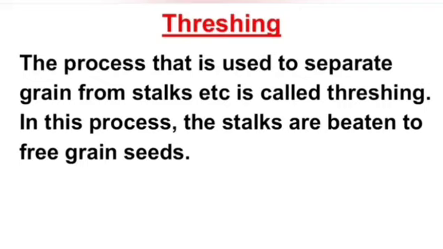Okay, and in this way we can separate the grain from stalks. So I am repeating, the process that is used to separate grain from stalks is called threshing, and in this process the stalks are beaten to free the grain seeds.